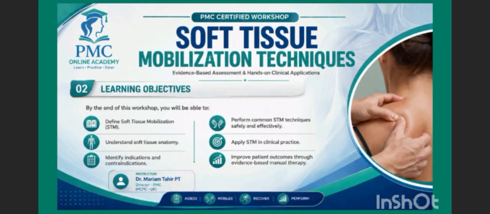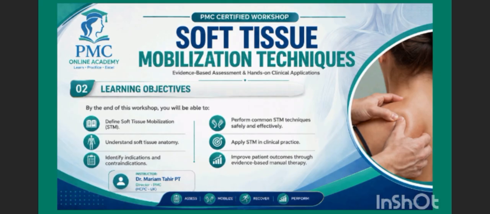Okay, now let's move to our learning objectives. Before we start learning any practical skill, it's always important to know what we are going to achieve by the end of the session. This helps us stay focused and understand the purpose of today's workshop.